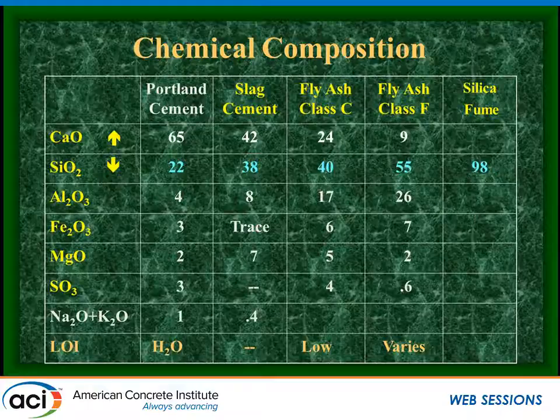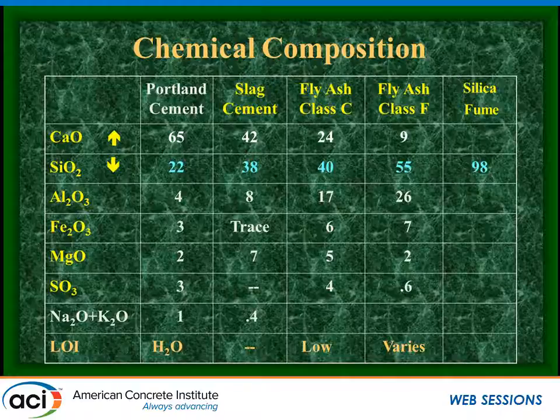And you can see on each of the materials, we have lots of the same chemistry in all of these materials, and we run from a 65% calcium content on down to 40s, 24, 9, nothing. Silica contents from 22 on up to 38, 40, 55, 98.